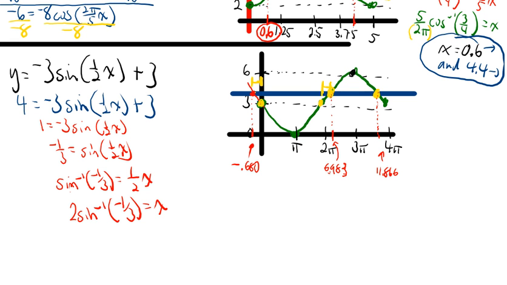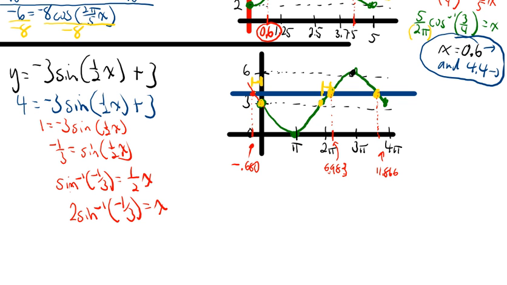So 2 pi minus the inverse sine of -1/3, and there I'm getting 6.623. Even if you do 2 pi plus 0.680, oh, interesting, I got 6.963.